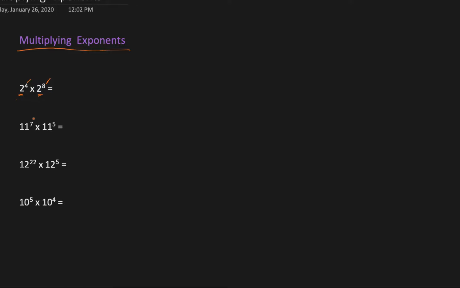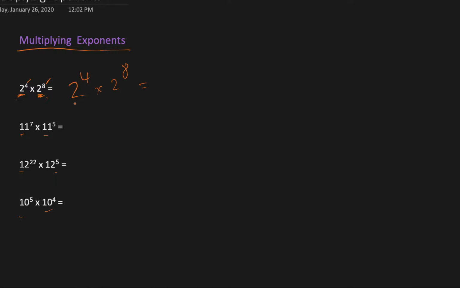Now remember one thing, if we are multiplying exponents of 2 or more terms, the base needs to be the same. So in any of the cases, you can see that the base is always the same. Cool. So let's write it down again, which is 2 to the power 4 times 2 to the power 8.